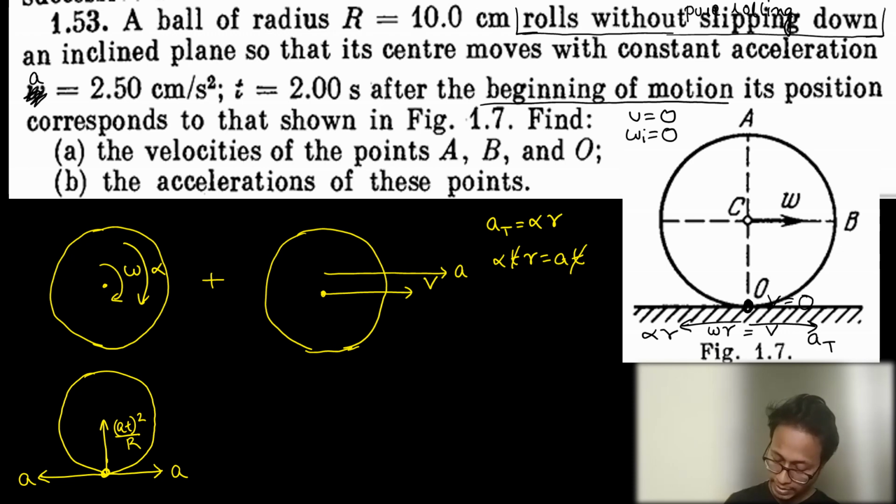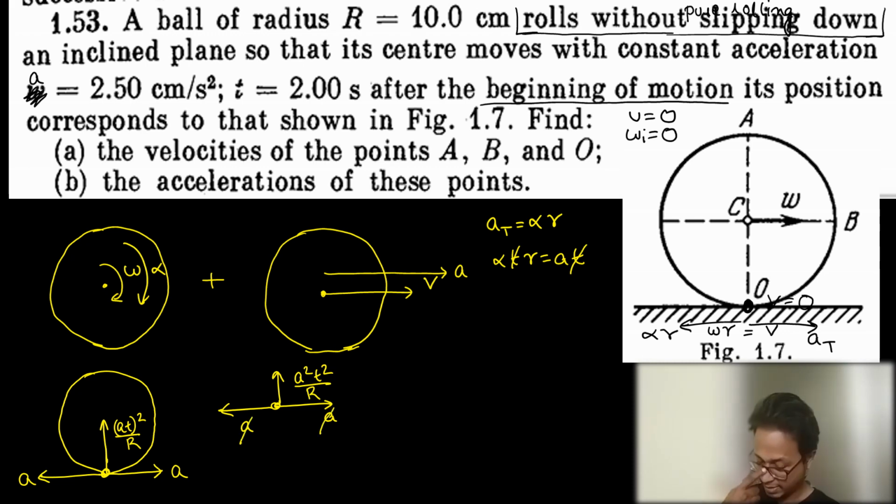So the total acceleration of point A is the vector summation of these 3 vectors, a, a and a square t square by r. The two a's get cancelled, and the total acceleration is nothing but a square t square by r. I've used the variable a as acceleration, where Irodov has used w as acceleration, so don't get confused in the answer.